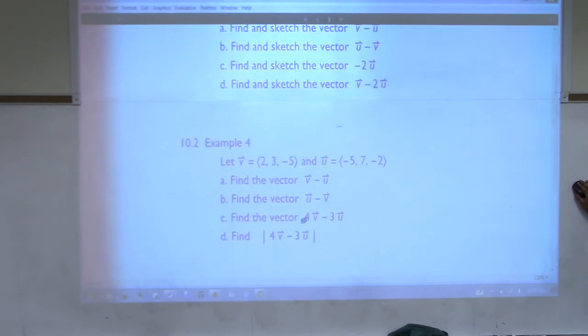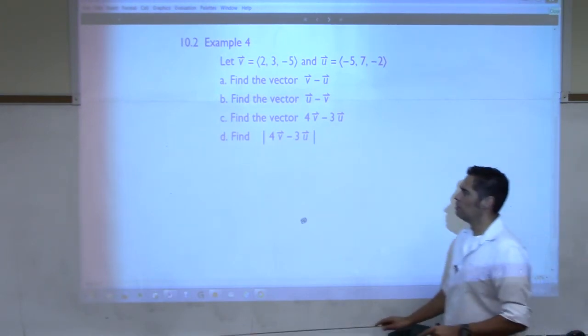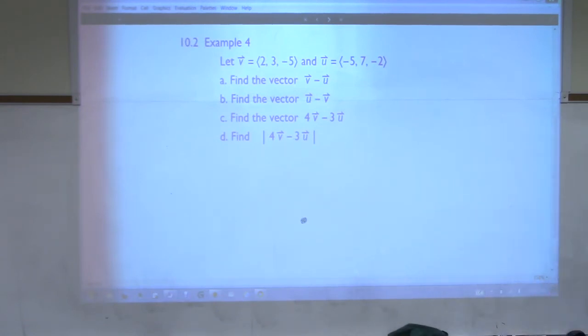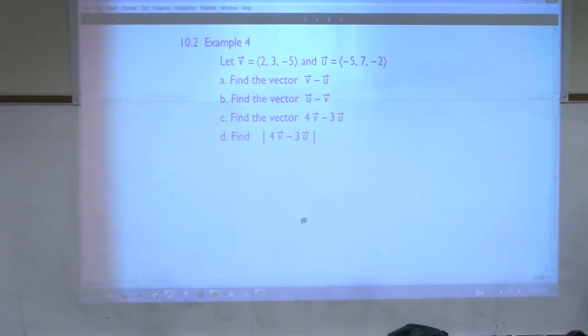How much of this do I want to do? Let's just do this example, just parts C and D. Why don't I let you do parts C and D? We won't do much group work in this class, but just to give you a little break here, working very quickly and working together if you'd like, see how fast you can knock out C and D. Can y'all read it?